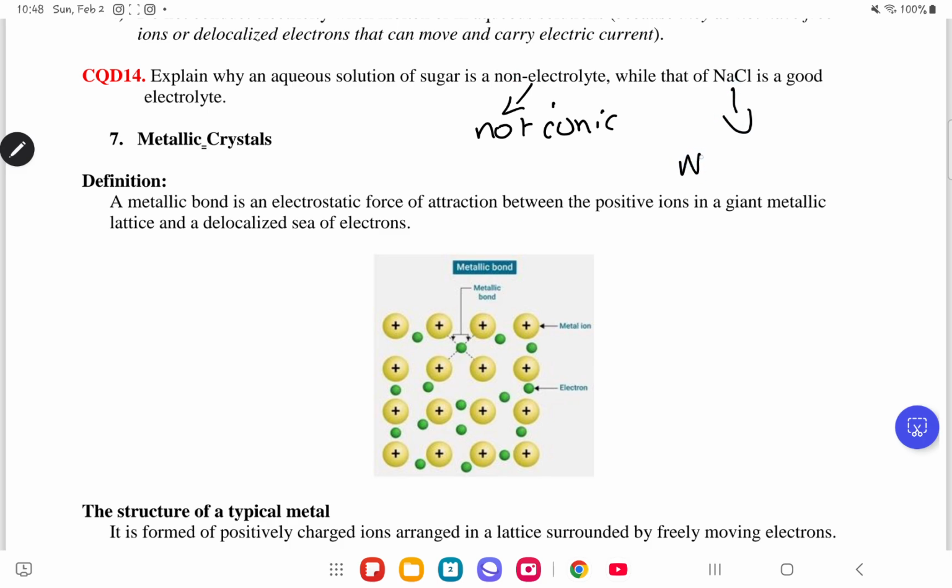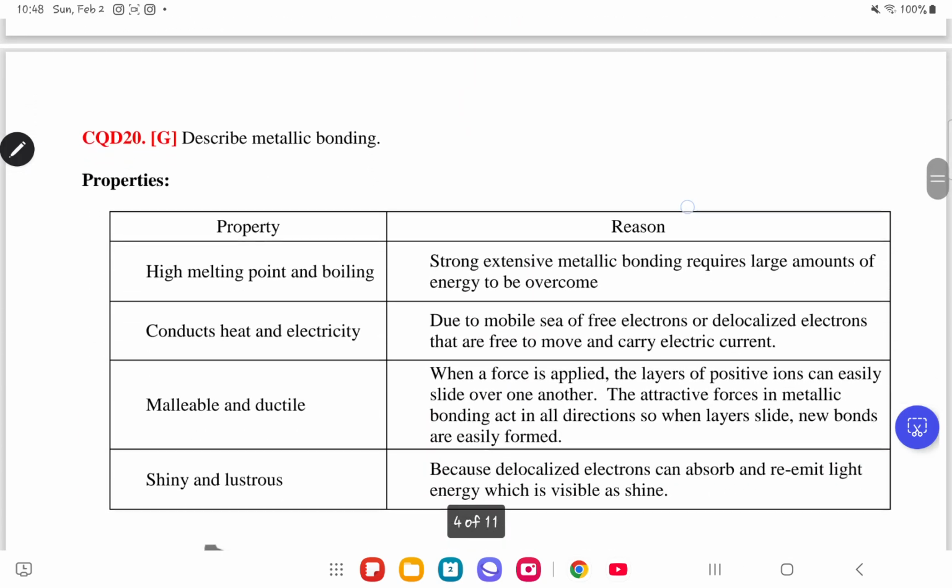Whereas NaCl, it is made of ions, Na plus, Cl minus. So NaCl as a solid will not work, but if you make it molten or aqueous, then yes, it's gonna split, because the ions will then be able to carry the electric current. And that's pretty much it for CQD number 14.